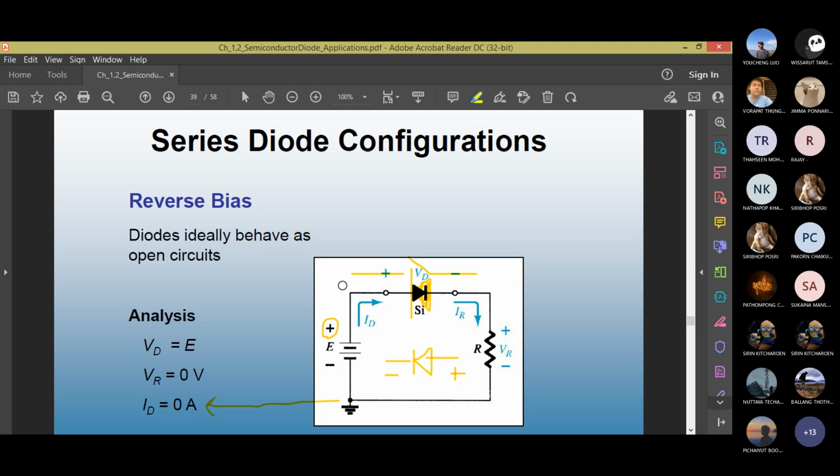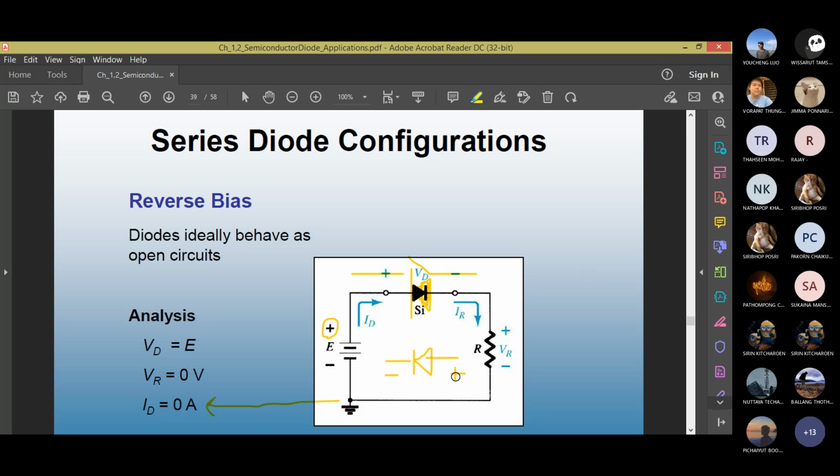So does it answer your question? I'm just confused. So when minus connects to the anode, which one will be closed, right?